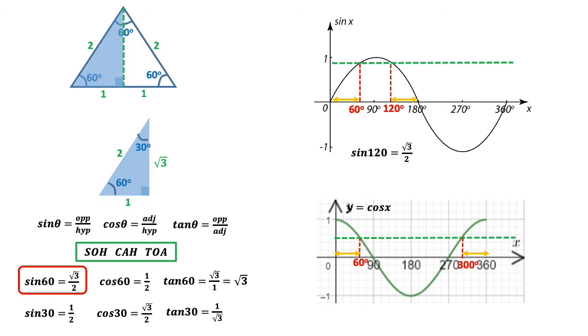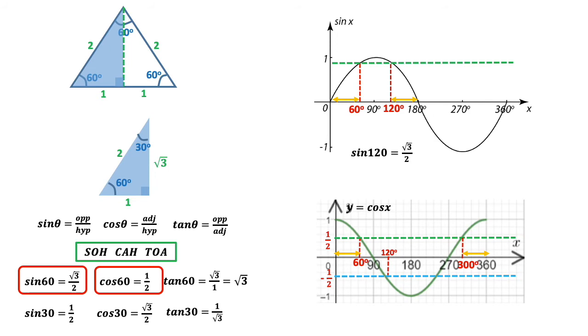So that means that cos of 120 is not the same. If you did want to know cos of 120 from this graph, if you have a look where it would be, roughly here, then you can see that if cos of 60 is equal to a half, then cos of 120 would be minus that. So cos of 120 would be minus a half.